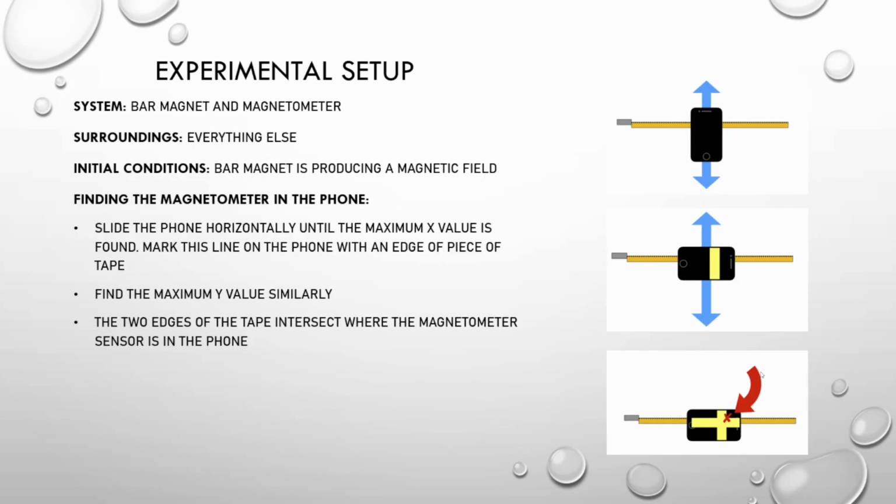Let's look at the experimental setup for our system. We have the bar magnet and the magnetometer, and our surroundings are everything else. The initial conditions are just the bar magnet, which is producing a magnetic field.